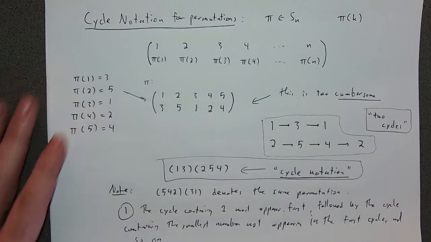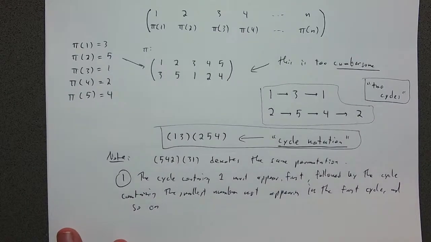So the third cycle will be the one that contains the smallest number not appearing in either of the first 2 cycles, and so on.